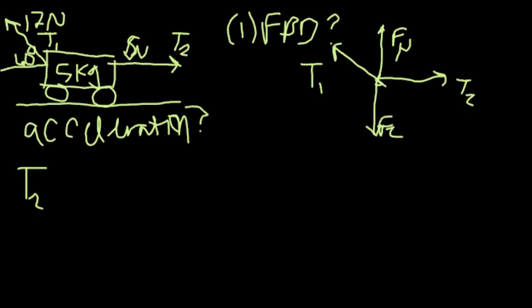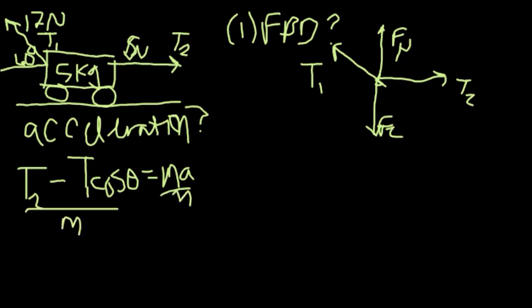But to the left, we have a horizontal component of our T1, and we can see that from our free body diagram. And horizontal goes with cosine, but that's in the negative direction, so we do minus T1 cosine of theta, which is going to equal ma, right? So if you divide both sides by mass, you will get acceleration.